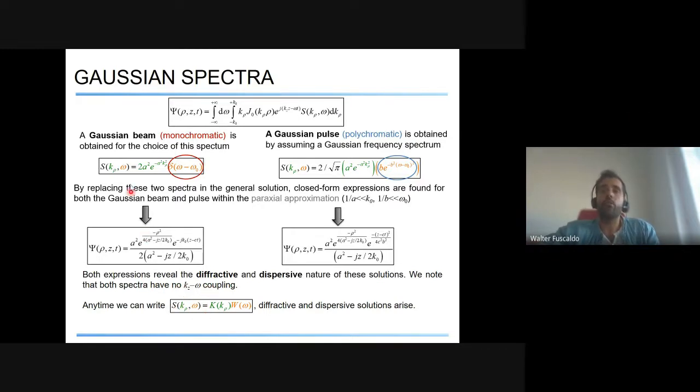Indeed, as you can infer from the expression above of the spectrum in terms of the radial wave number and the frequency, the dependence between the radial wave number and the frequency is in both cases factorized in one function that only depends on the radial wave number and one other function that only depends on the angular frequency. Anytime you can factorize the spectrum in these two terms, you will always get diffractive and dispersive solutions. So the only way to get a localized solution is to enforce a coupling between the radial wave number and the frequency.